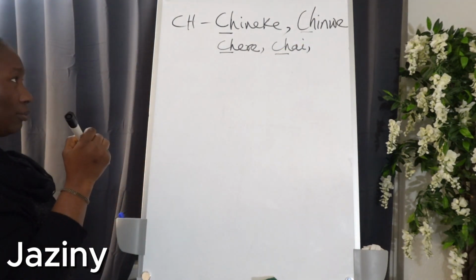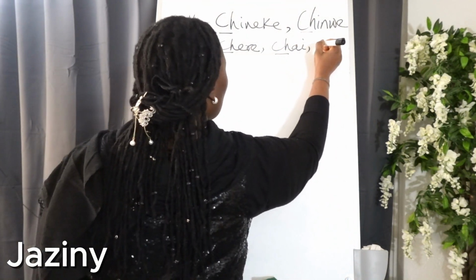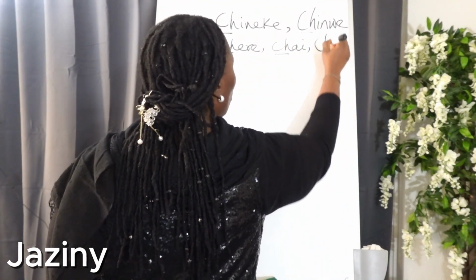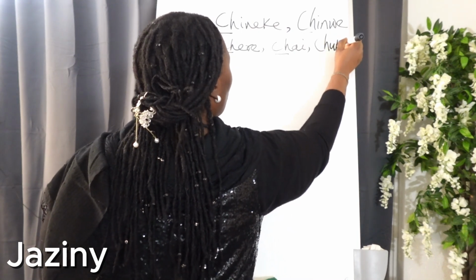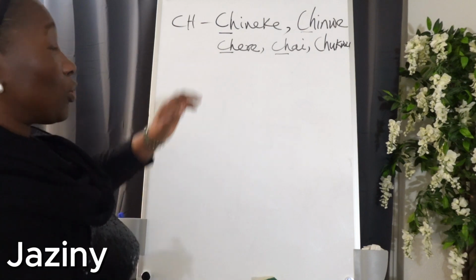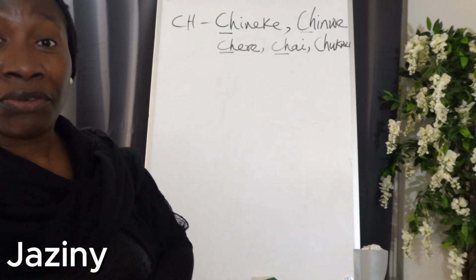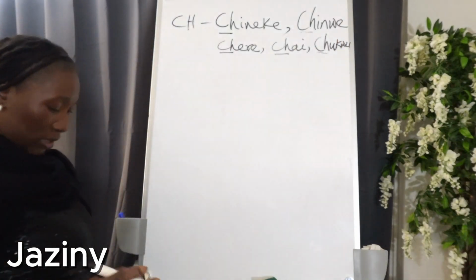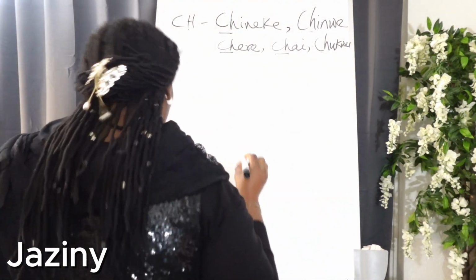Another example, let's also say Chuku. Chuku. There are many sounds coming together from all the alphabets that we have been reading, but I'm particular about the Chi. Chuku means big God, as in God himself. Okay, let's move on to the next one.